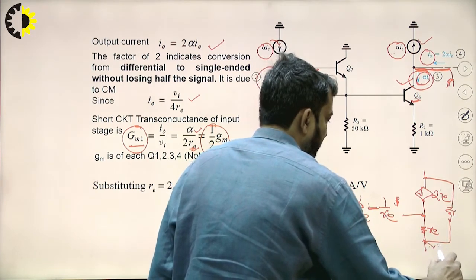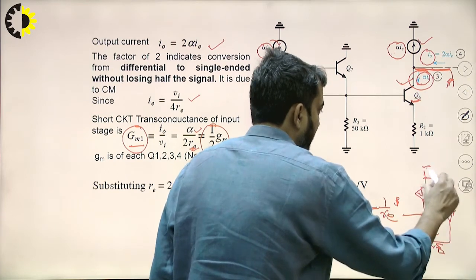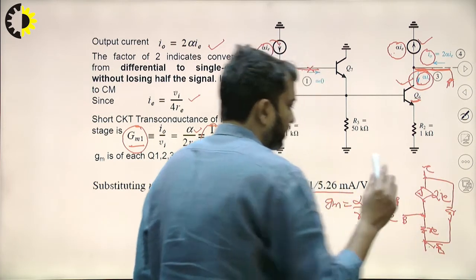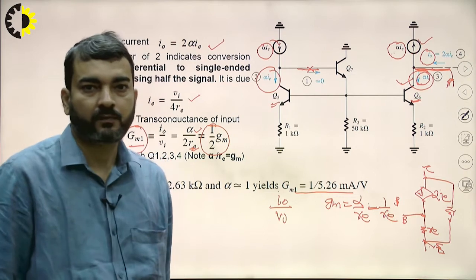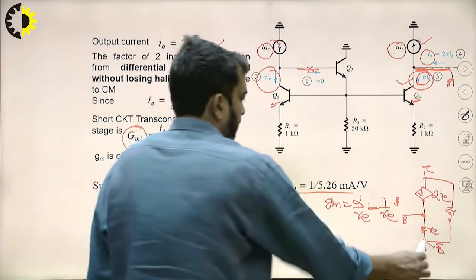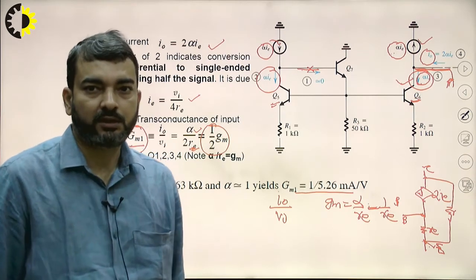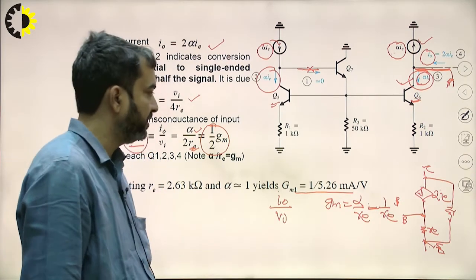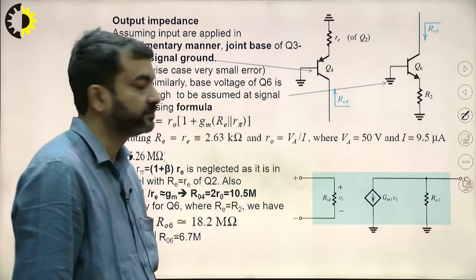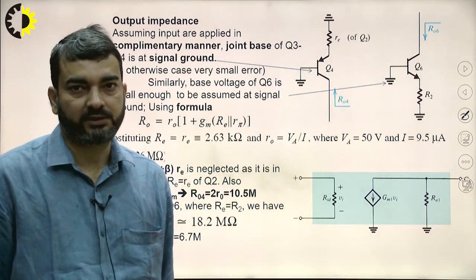So this is the emitter node, this is the collector node, and this is the base node. Just keep in mind this particular small signal T model. So now we will be easily able to calculate the output resistance.